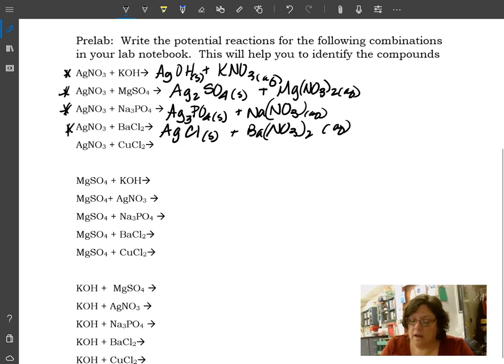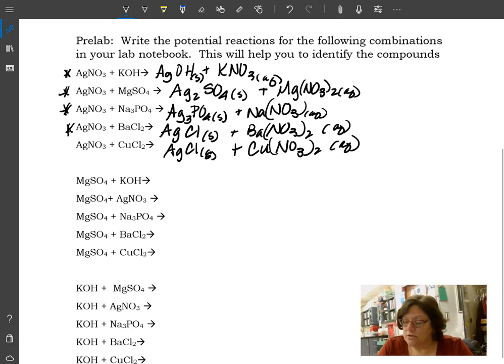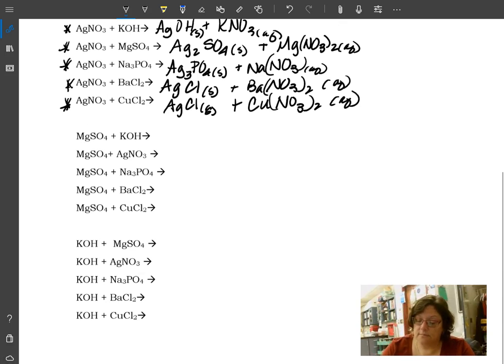And then silver nitrate and copper 2 chloride will again form silver chloride and copper 2 nitrate, which will be in solution. So all 5 of the silvers should react. If we get a solution that reacts with everything, we can be pretty confident that it is silver nitrate.